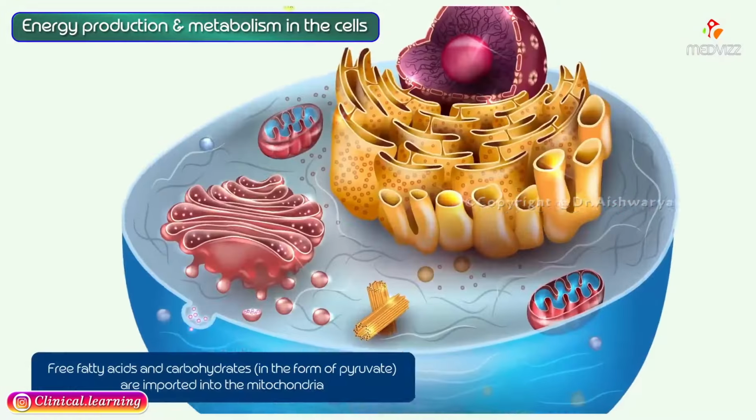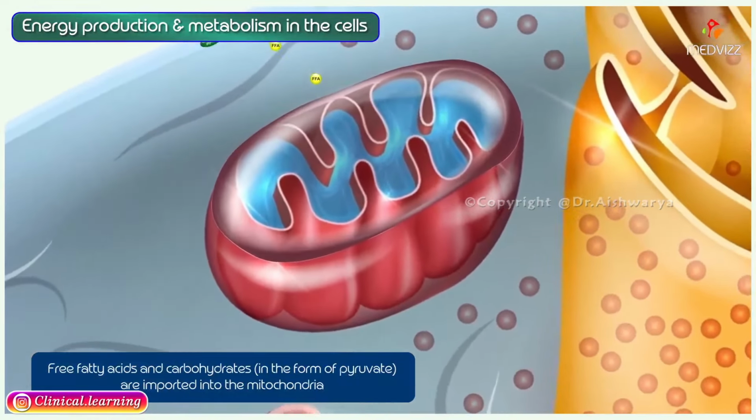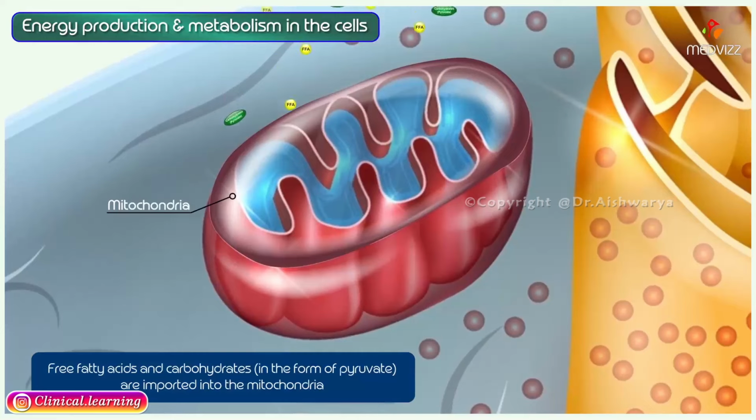So the free fatty acids and carbohydrates are the ones which are imported into the mitochondria. For example, when we discuss carbohydrates, pyruvate is the last product of glucose metabolism, that is glycolysis.